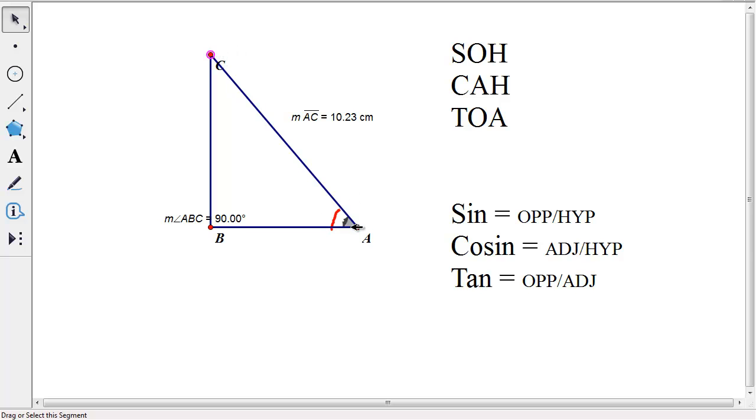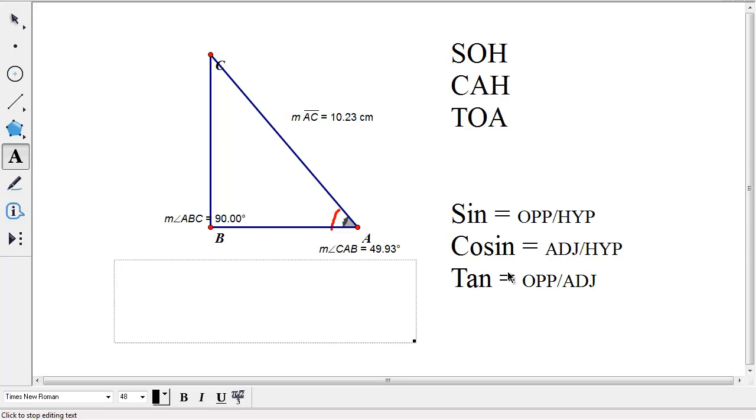So the first thing we're going to do is find the angle measure of A, which is 49.93 degrees. And then I'm just going to write out the problem. Since we want to find this side right here, I'll just call that X. That's the opposite side.